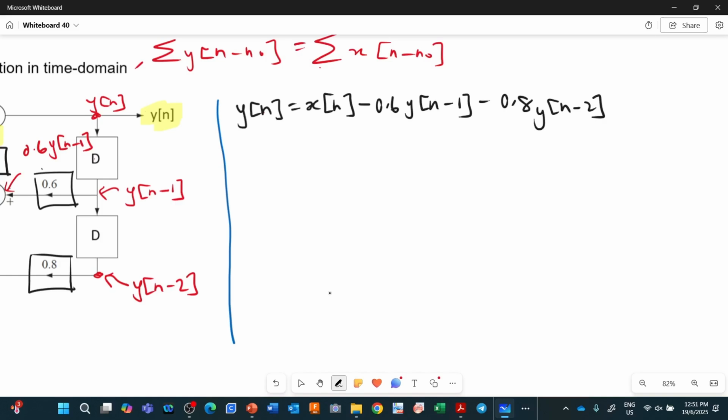So let's say x[n], I take it to the left side. Or you want to leave it as it is. So we just follow what we have here. y[n]. All of these terms, we are going to bring to the left side.